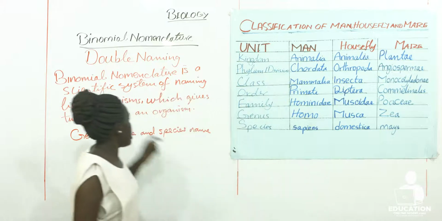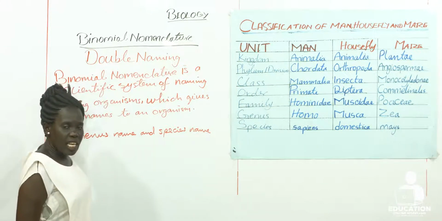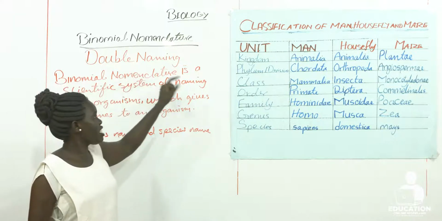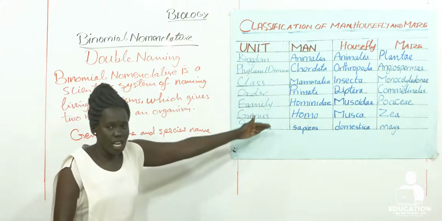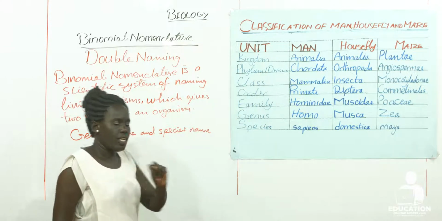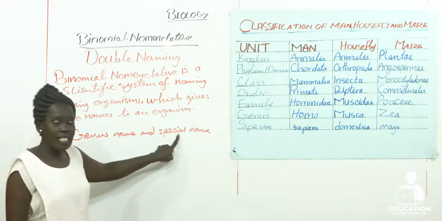Binomial nomenclature is a system of giving scientific names to living organisms, and the scientific name is made up of two parts. The first part is the genus name, and the second part is the species name.